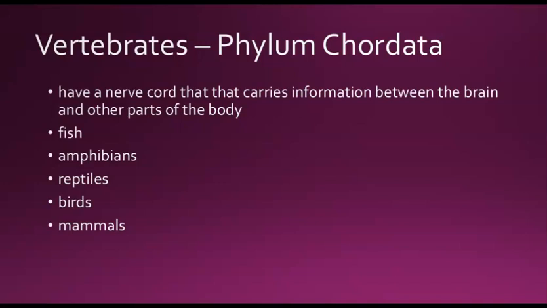Most chordates have an internal skeleton made of bone or cartilage, like a shark, or both. In addition, chordates have a complete digestive system, and most have a closed circulatory system. Chordates include fish, amphibians, reptiles, birds, and mammals. There is extraordinary diversity in this group of animals.